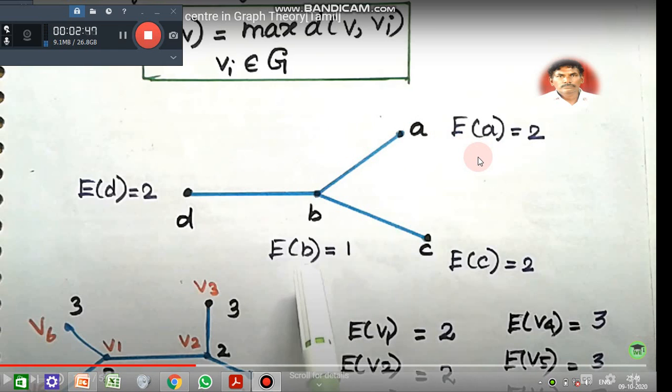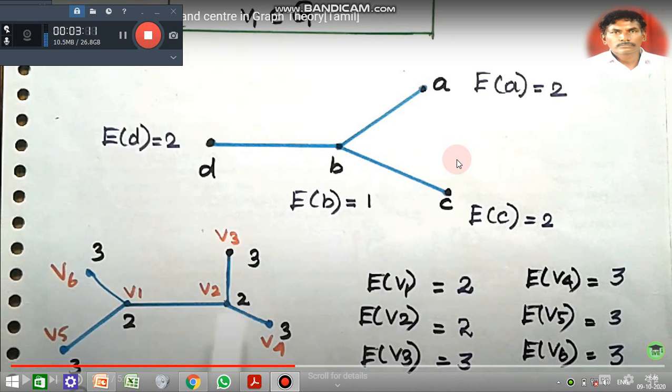Therefore the eccentricity of A is equal to 2. Now the last vertex: which is the farthest vertex from C? D is the farthest vertex from C, 2 units. Therefore the eccentricity of C is equal to 2.